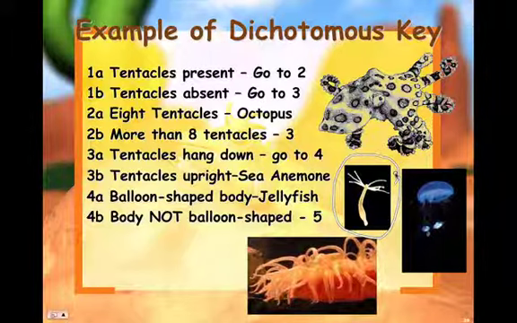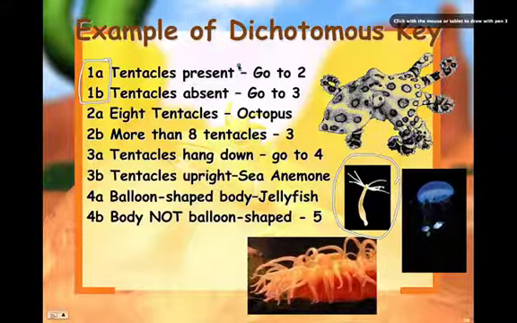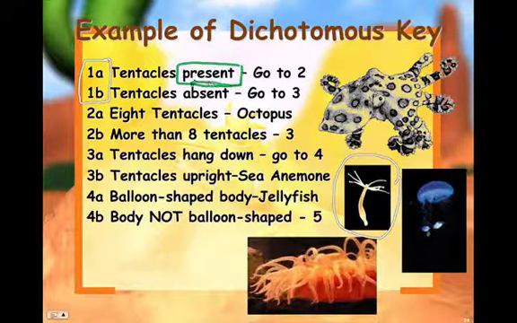When you are using a dichotomous key, you always start with number 1. You will notice that in the dichotomous key, you have tentacles present and you have tentacles absent. So it's a similar trait and it comes in pairs. Your pairs are between present and absent.